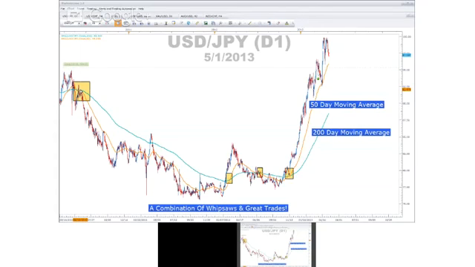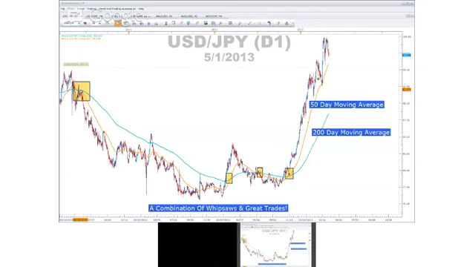An exponential moving average gives exponentially, there's the word, more weight to the closing price, the recent closing price, than it does to the first price in the series. So if you're looking at a 20-period exponential moving average, the 20th price, the most recent price, gets exponentially more weight than the first price of that data series.